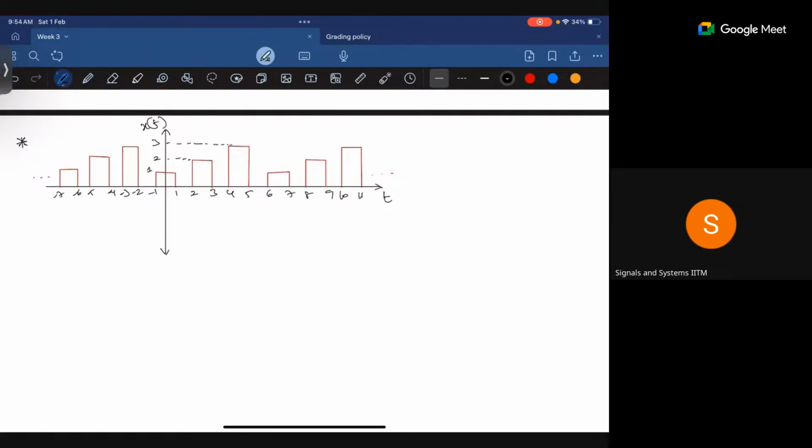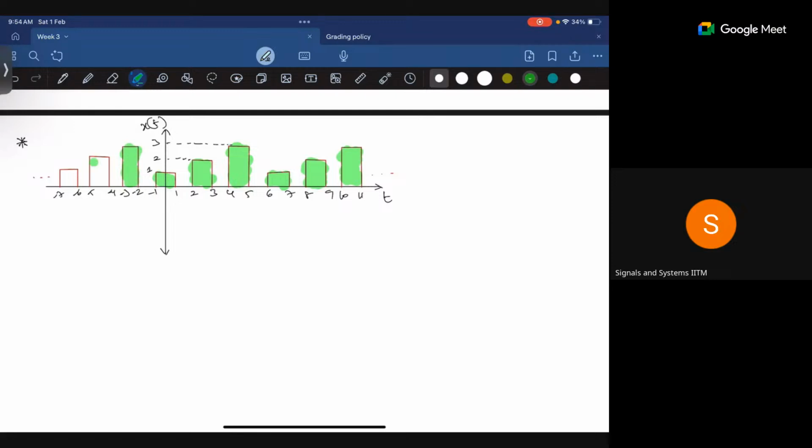Okay. So now this signal, if I try to compute energy, what will I get? Infinite energy, right? Because if you square this it will become 4 and that will become 9, and you will have infinite non-zero area under the curves, which will give you infinite energy.